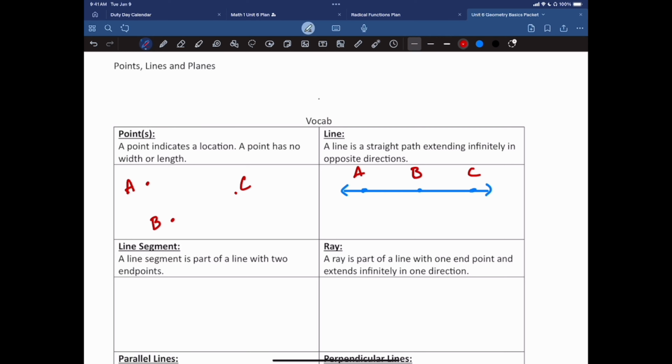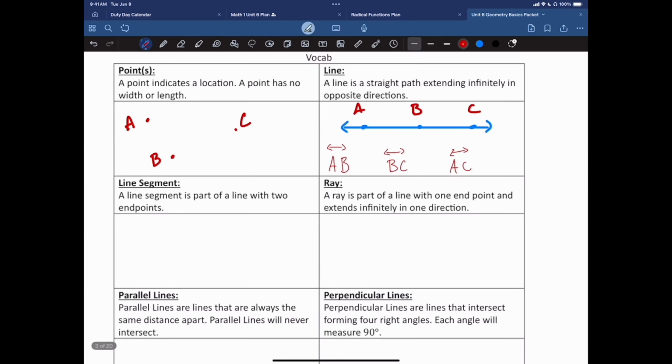We can call this line AB, and we would put a line over the top of it with the arrows, right? We can call this BC. We can call this AC. As long as we have the arrows above and we have 2 points on the line, we're golden.